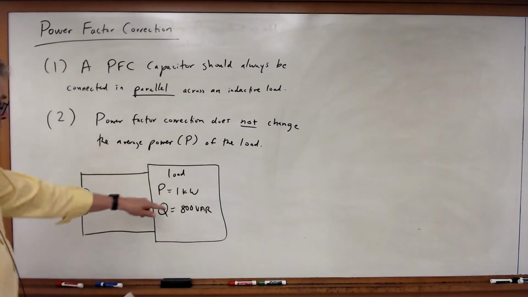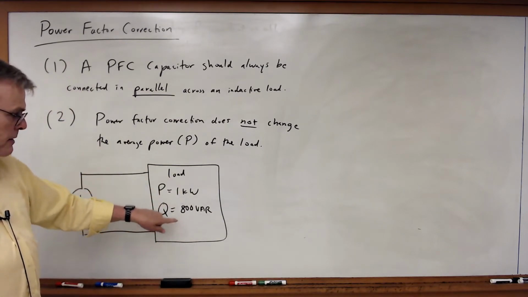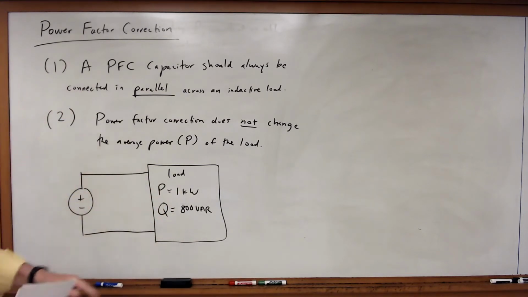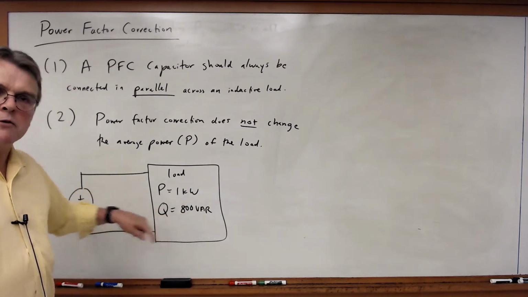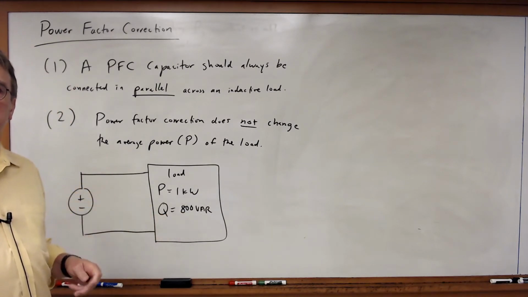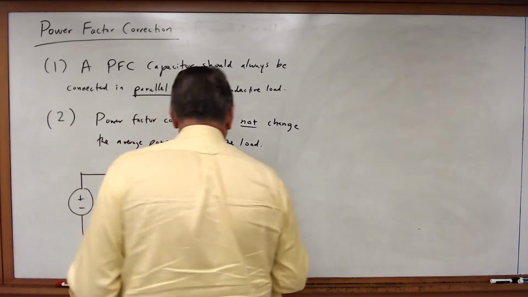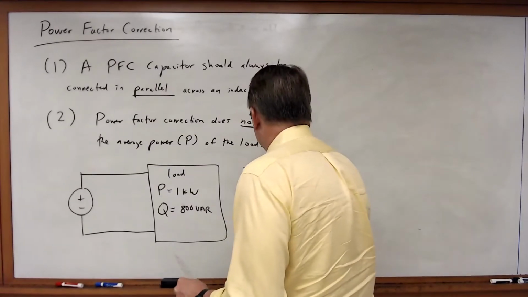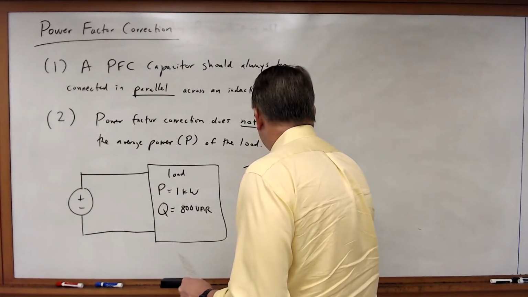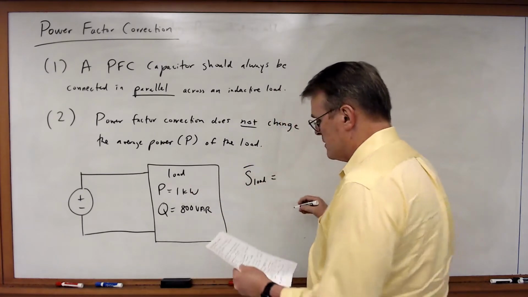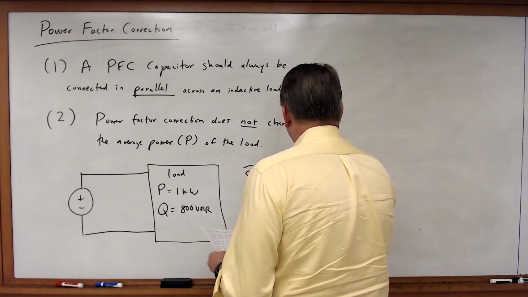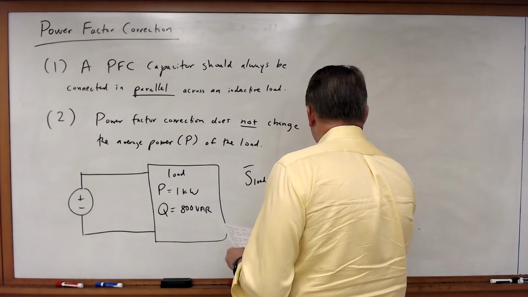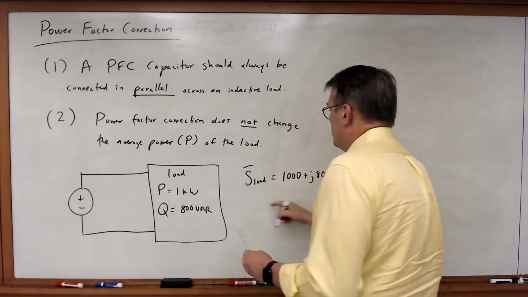So you can look at this and see by inspection it's got to be an inductive load because the VARs are positive. So Q is positive. And so in this case, the complex power of this load will be equal to 1,000 plus j800 volt amperes.